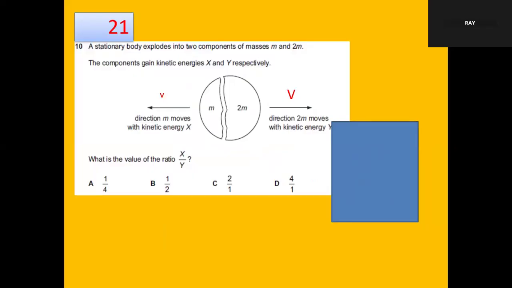A stationary body explodes into two components, M and 2M. The components that gain kinetic energy are X and Y. X is 0, stationary. What is the value of X to Y?